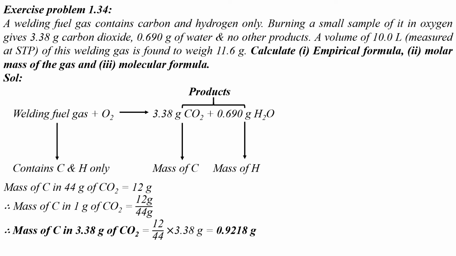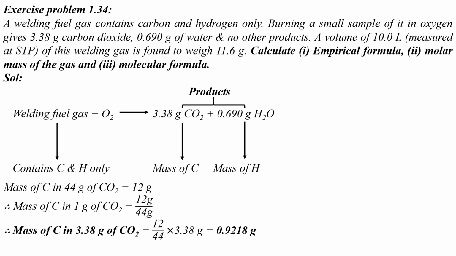To find it out, we are given a clue. Read the second sentence. Burning a small sample of it in oxygen gives 3.38 grams of carbon dioxide, 0.690 grams of water, and no other products. We are given the masses of carbon dioxide and water respectively.